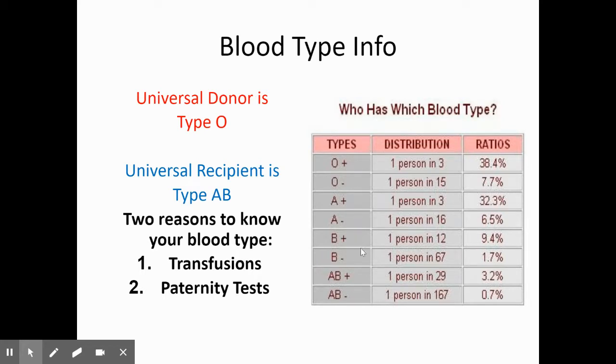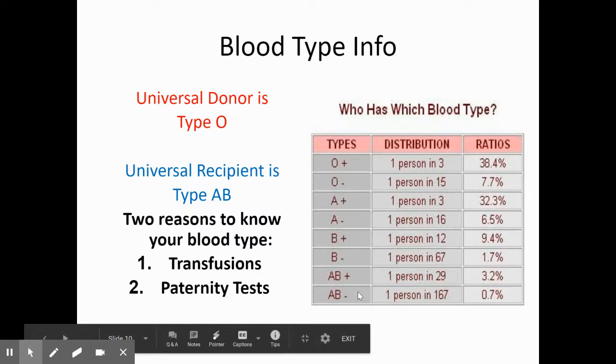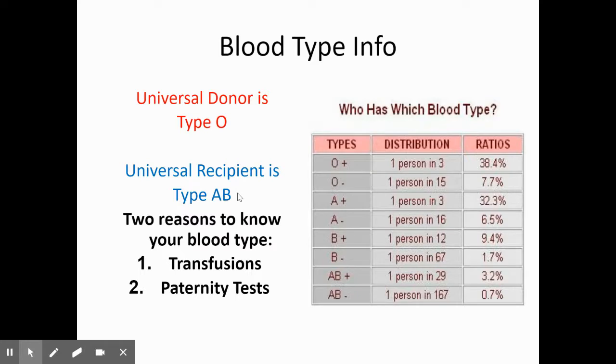And it looks like if you are AB negative, that's the smallest percentage of the population. But you also have to remember that if you have type AB blood, you are a universal recipient. So you can get blood from type AB and O individuals.